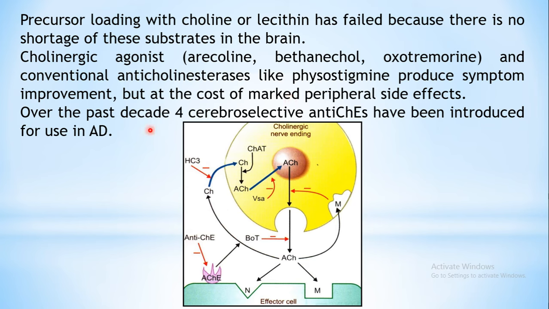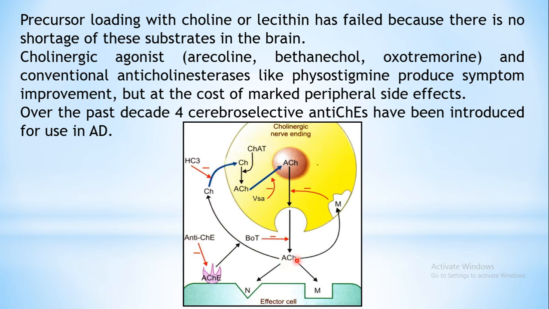So later on, it was found out that there are 4 cerebroselective anticholinesterases. Anticholinesterase means those drugs which can inhibit the enzyme acetylcholinesterase, which is responsible for metabolism of ACH. So when you inhibit this enzyme, what will happen? The amount of ACH will remain high over here.